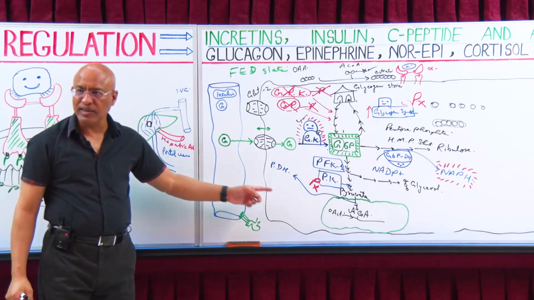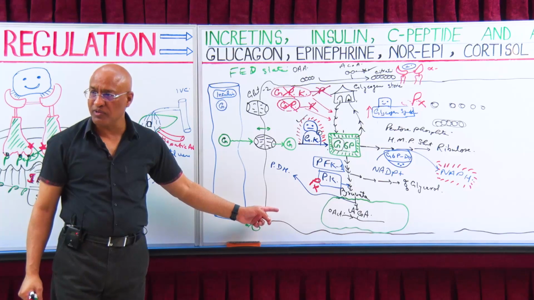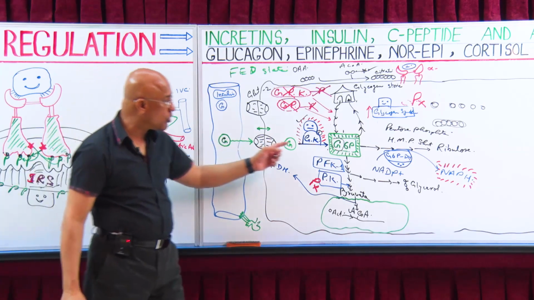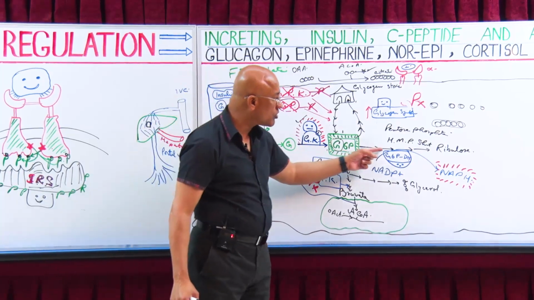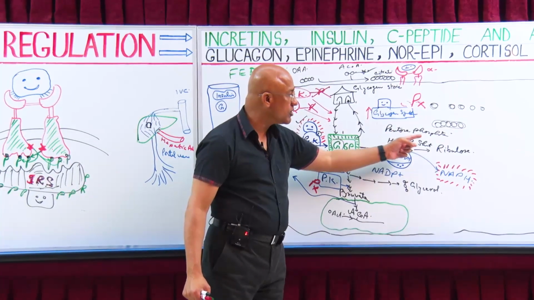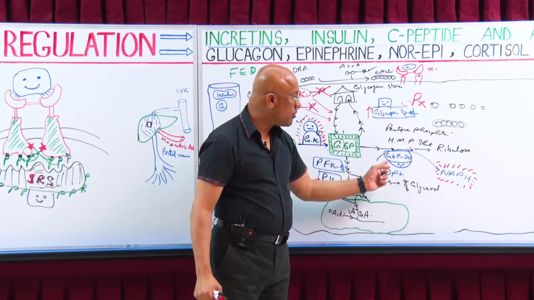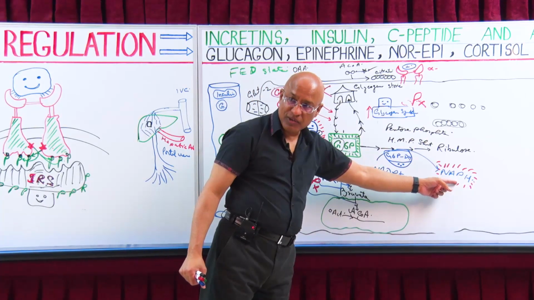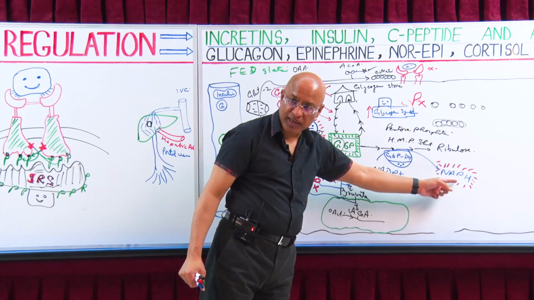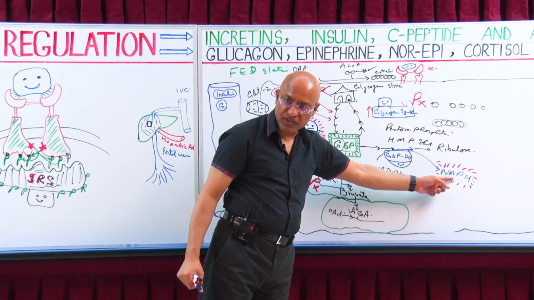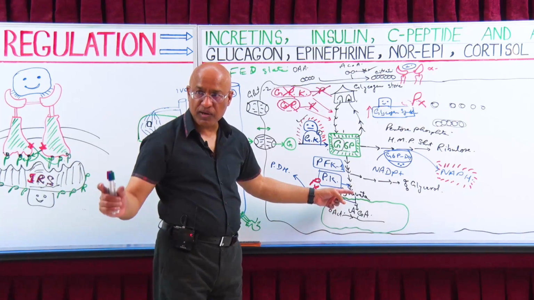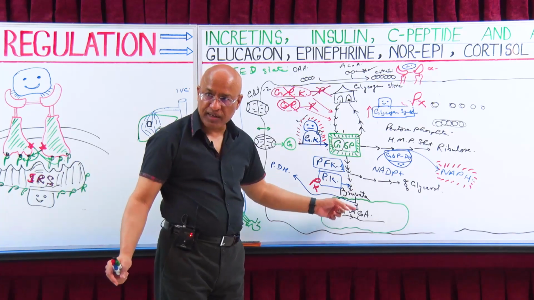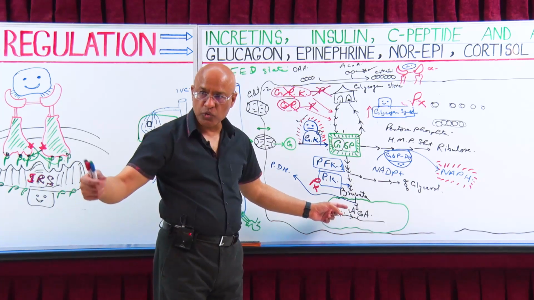Now we have taken the glucose from here. Look at the naughty hepatocyte, what it is doing with this glucose. It is using this glucose to fill up the stores of glycogen, and to move to the pentose phosphate pathway to make NADPH, so that in future it can use it as an energy source for fatty acid synthesis. On the way, with glycolysis and the Krebs cycle, it makes energy and uses it for itself.